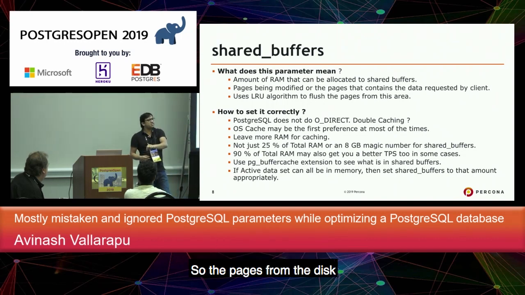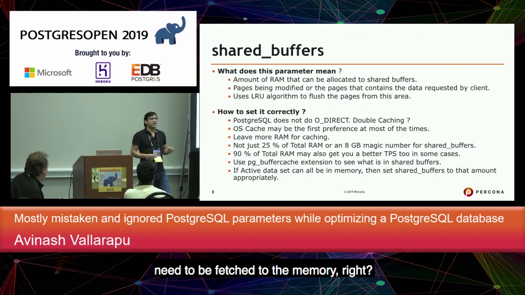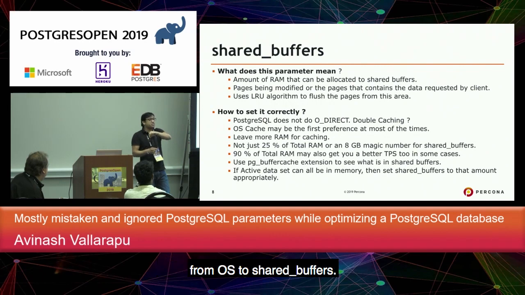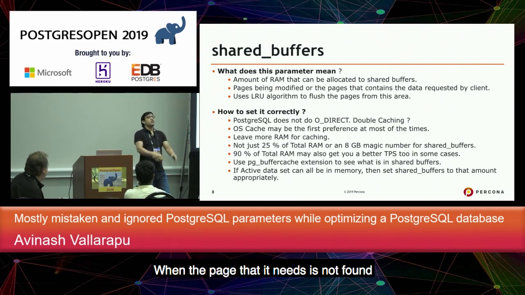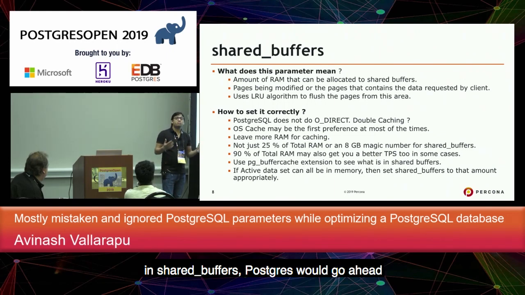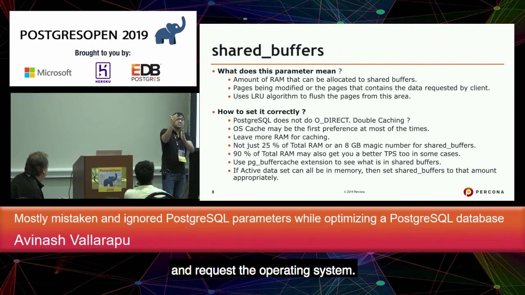So the pages from the disk need to be fetched to the memory, right? But in Postgres, it's not directly fetched from the OS to shared buffers. When the page that it needs is not found in shared buffers, Postgres would go ahead and request the operating system.